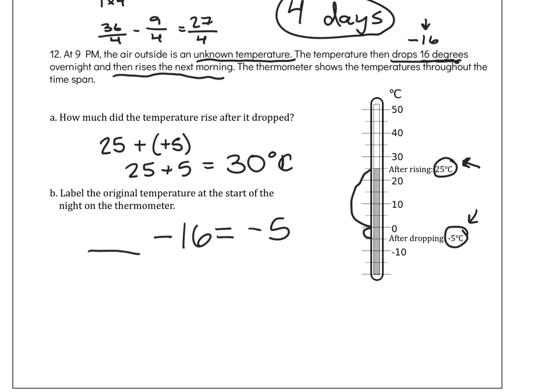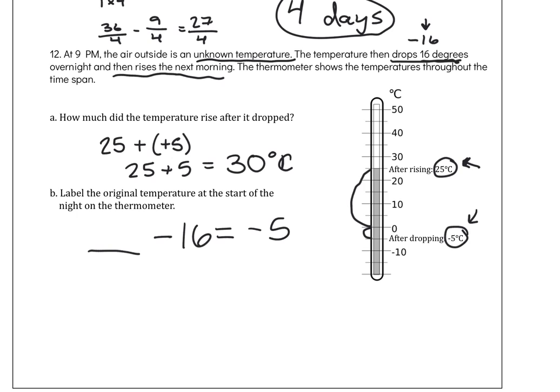In my head, here's what I am thinking. I know that if this had been 16, I would have ended at 0 degrees, so I know it's not that. If I put any number bigger than 16, say 17, 17 minus 16 results in a positive number. 18 minus 16 is +2. 19 minus 16 is +3, right?